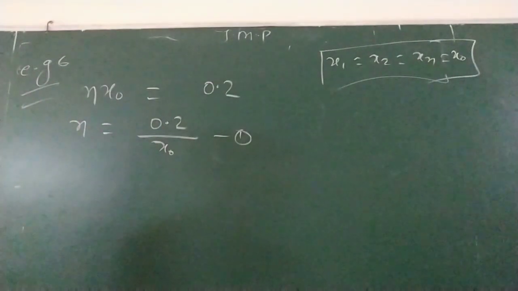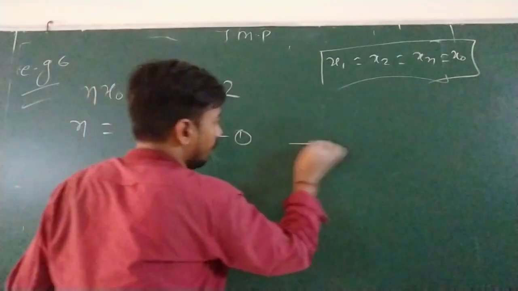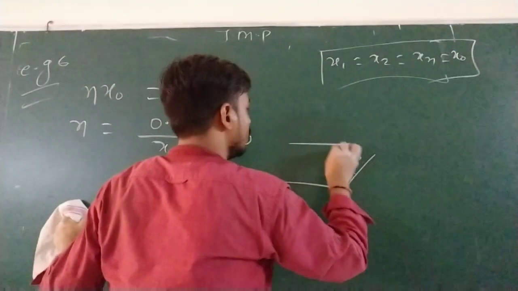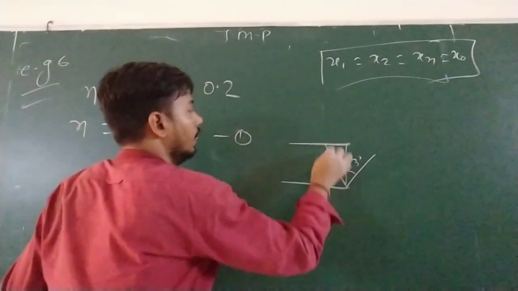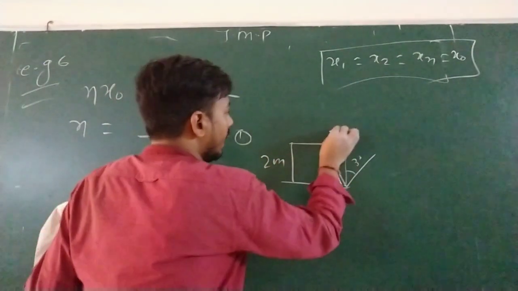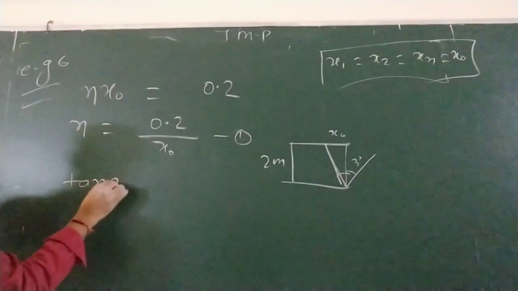See your concept. The angle 30 degrees is given. Again I am telling you, this angle is coming here, 30 degrees. So it will come here. Okay. And suppose this height is given as 2 meters. So this is x naught, and this is 30 degrees. What can we write?